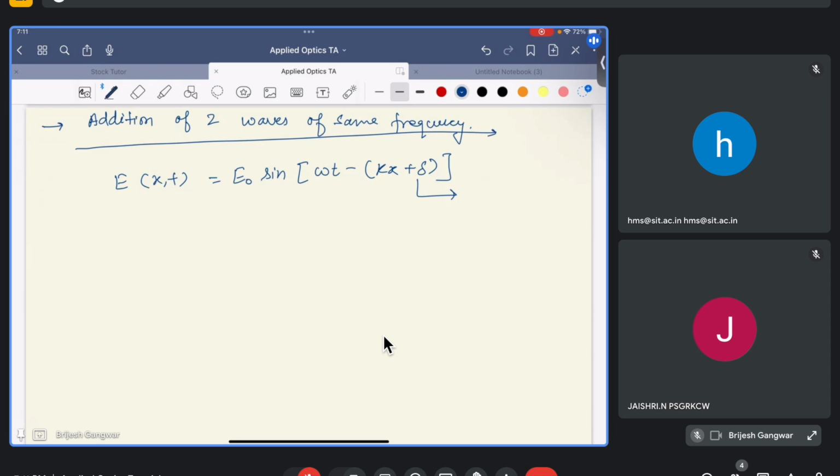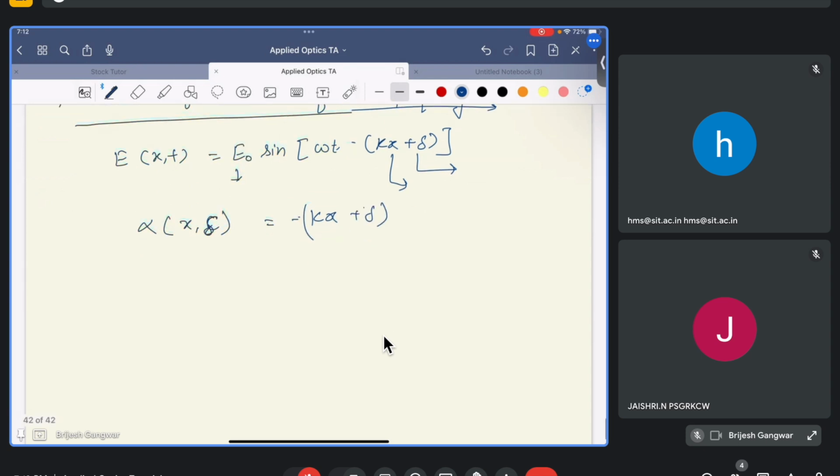Here E0 is the amplitude, and it is a harmonic disturbance propagating along the x-axis, so it is propagating in the x direction. To separate the space and time parts of the phase, let us consider alpha as the term combining −kx and delta.